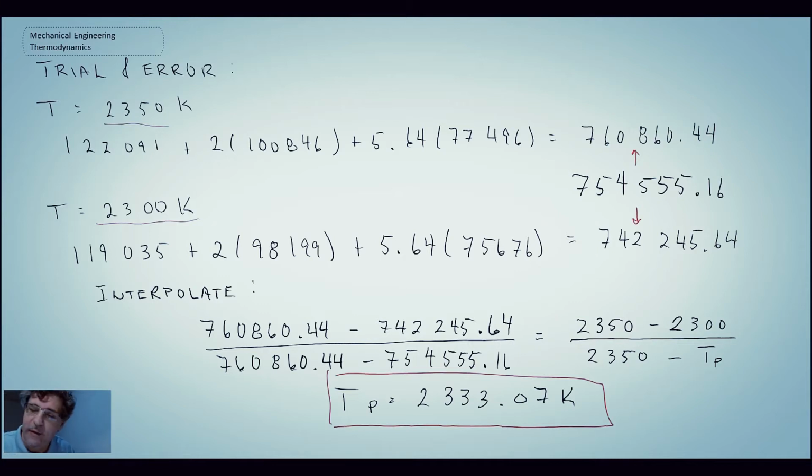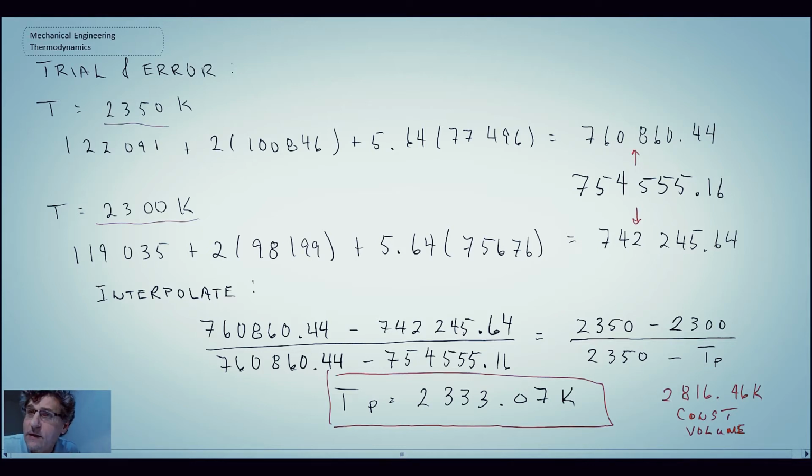Now when we compare back to the value that we had for constant volume, there we had 2816.46 Kelvin. That was constant volume. So we can see that when we have constant pressure, and we have expansion, we do not get to the same high temperature that we did with constant volume.